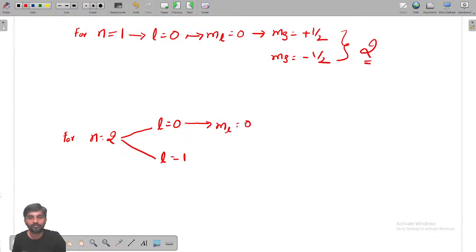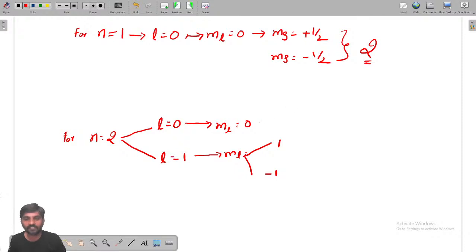For L is equal to 0, ML is 0. For L is equal to 1, ML has values 0, plus 1 and minus 1.